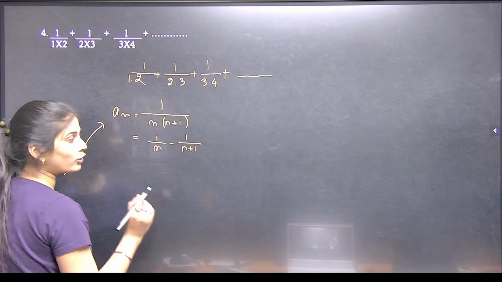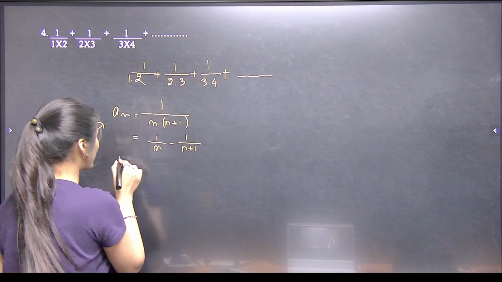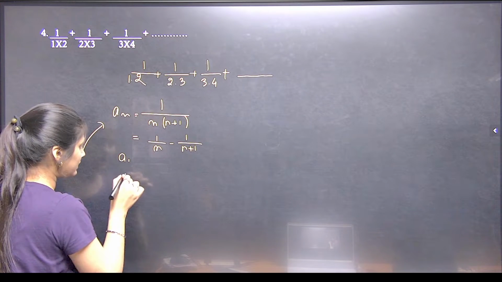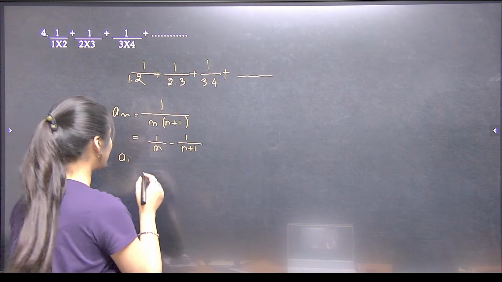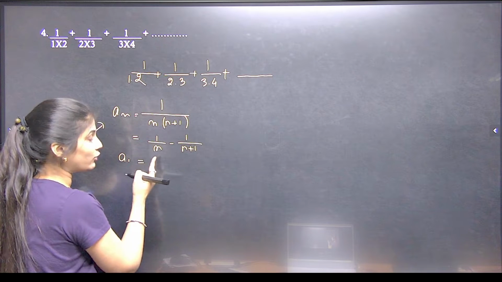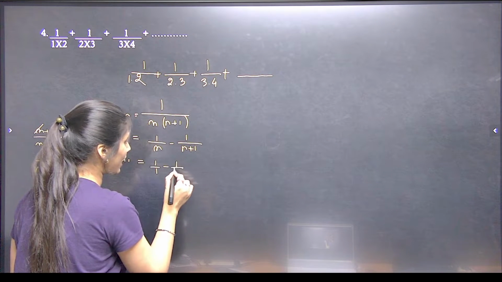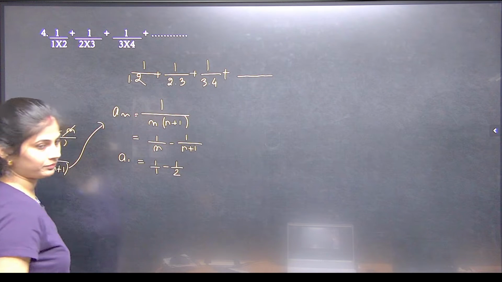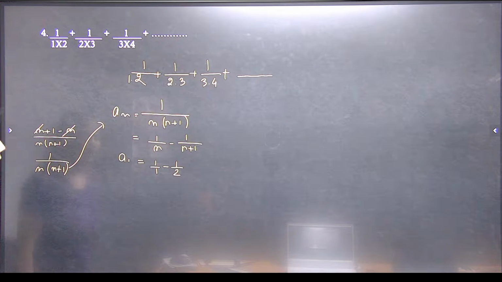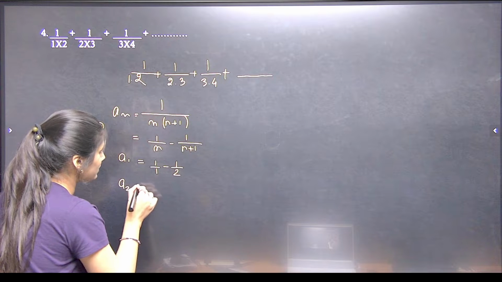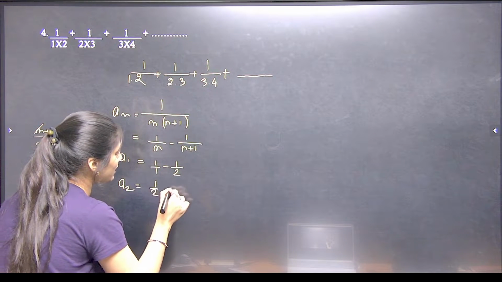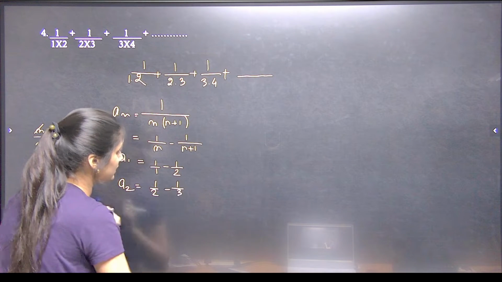Now if I want to find the first term, then the second term, and then the third term, what will it give? If I put the value of n as 1, it is 1 by 1 minus 1 by 1 plus 1, that is 2. This is the first term. Now the second term is 1 by 2 minus 1 by 2 plus 1, that is 3.